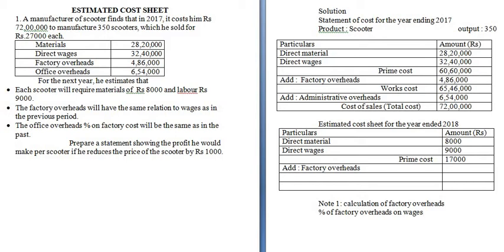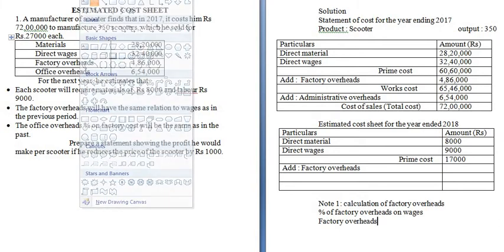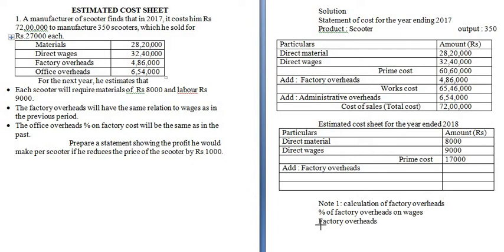So you might be remembering the formula. Okay, that is factory overheads divided by wages into 100.